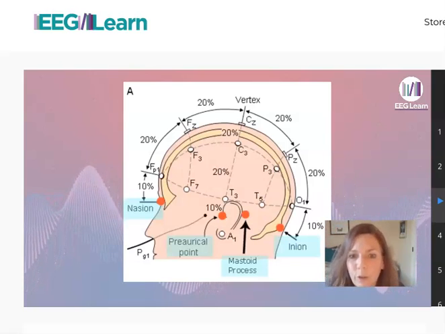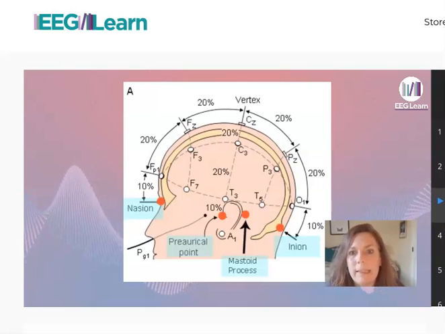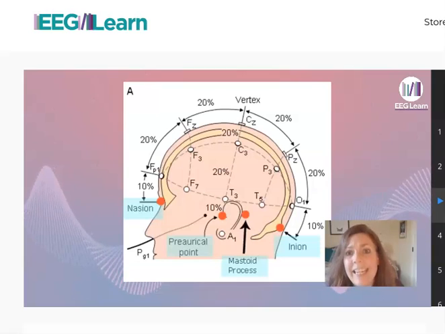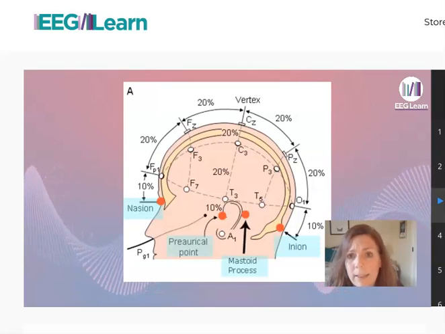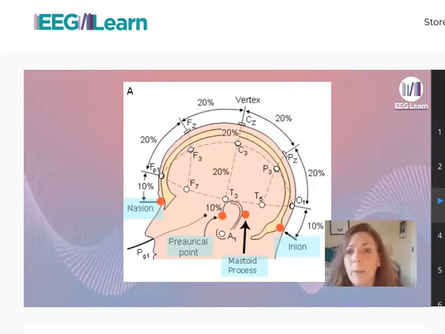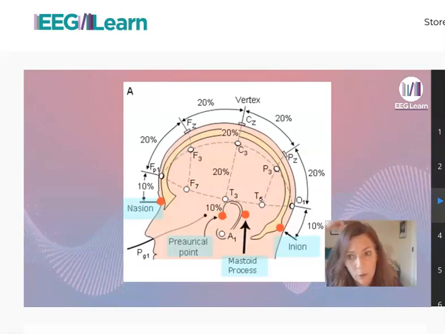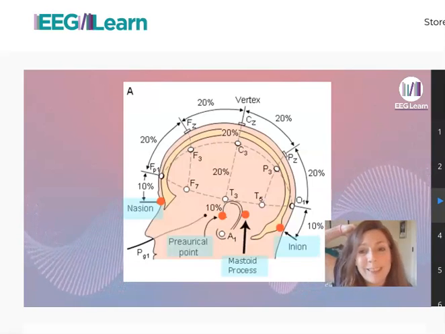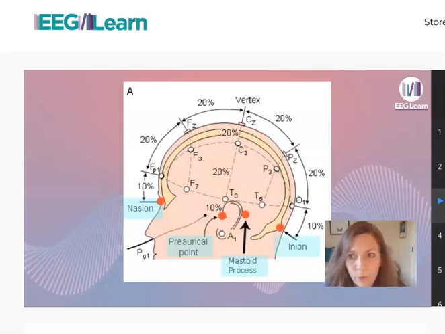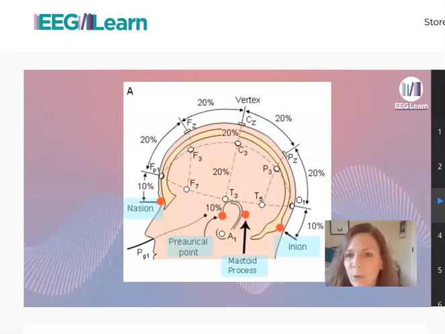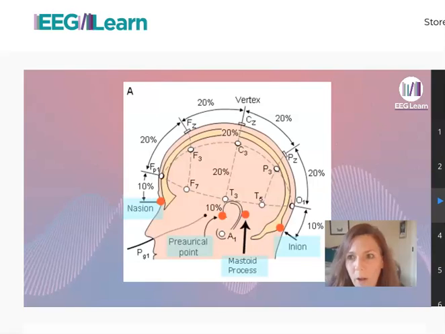Okay? 2 fingers back would be CZ. And then if you can find CZ, it's really easy to find PZ, because PZ would be basically 3 fingers back from CZ. Another useful landmark is PZ is really the crown of the head.